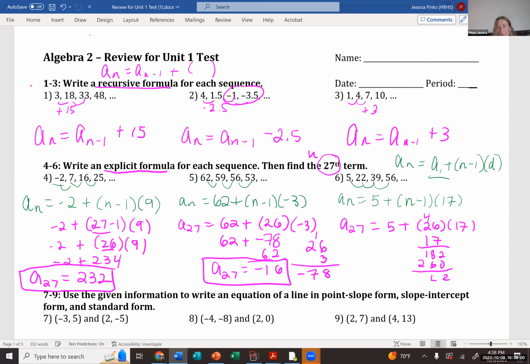And then we have 442 plus 5. So a sub 27 is equal to 447. Nice. So that's all of our Unit 1.1.